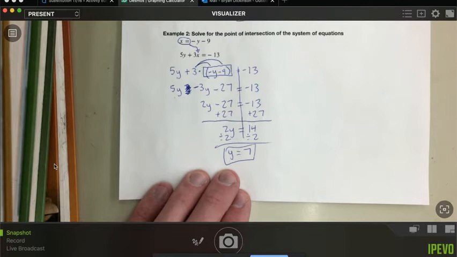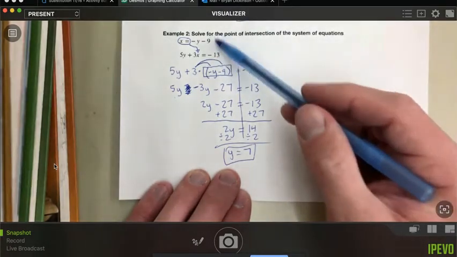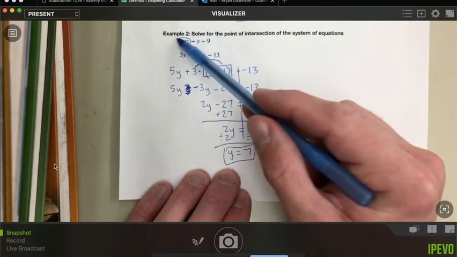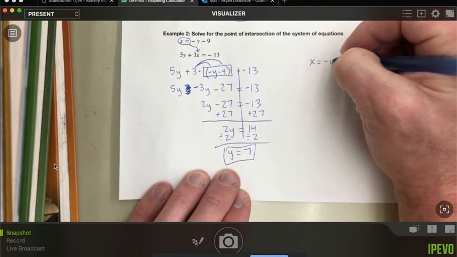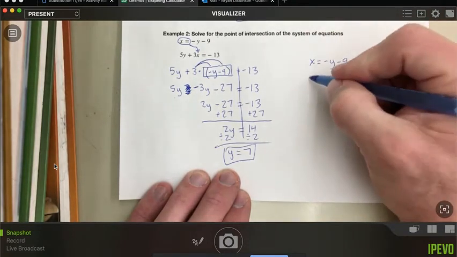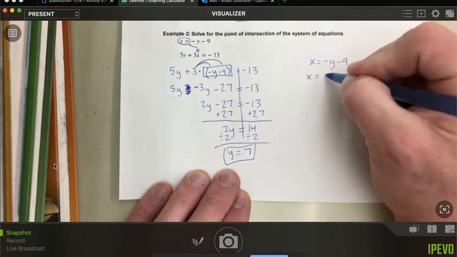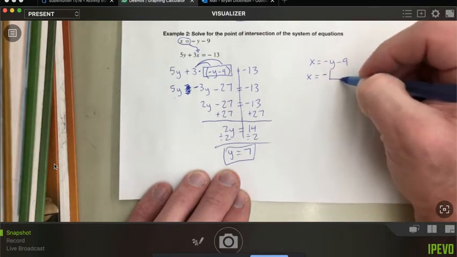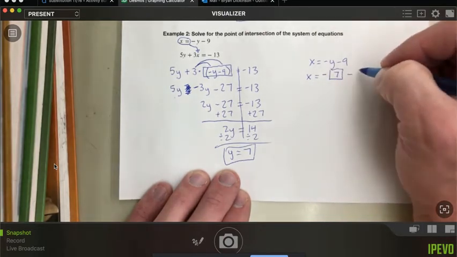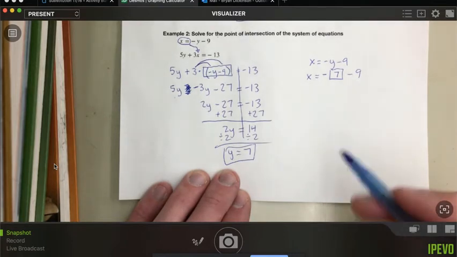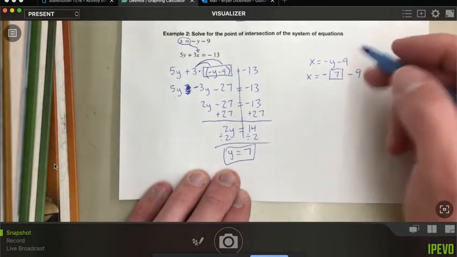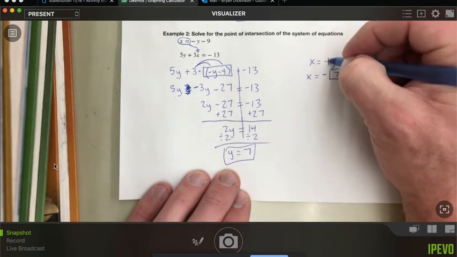Cool, but I'm asking for the point of intersection. So once again, I could use either equation, but this one's already x equals something, so I'm going to use that one. Remember, technically in front of this negative y, it's a negative 1.